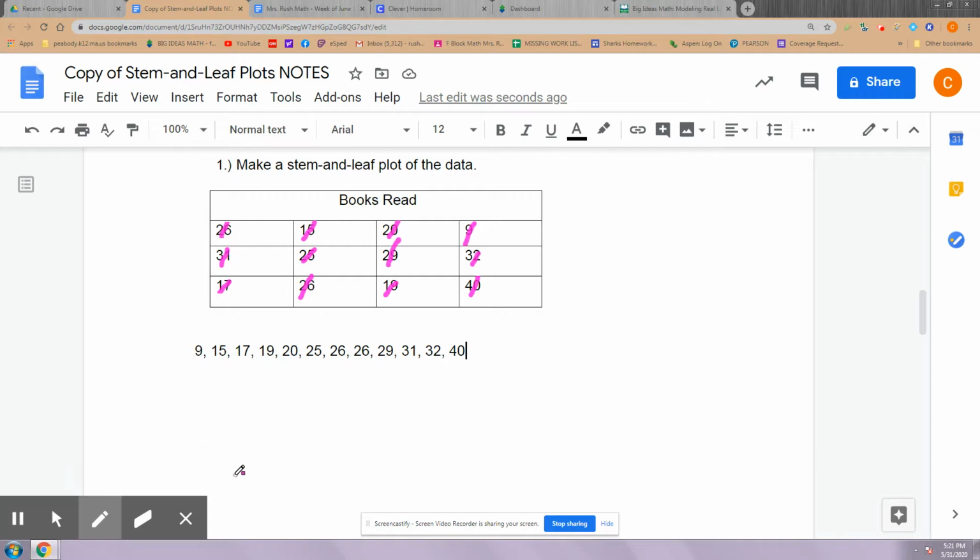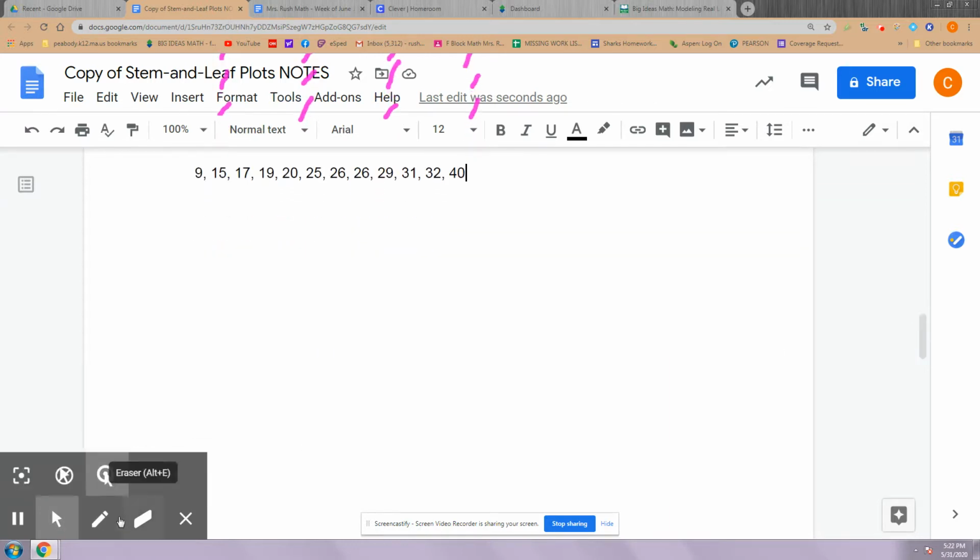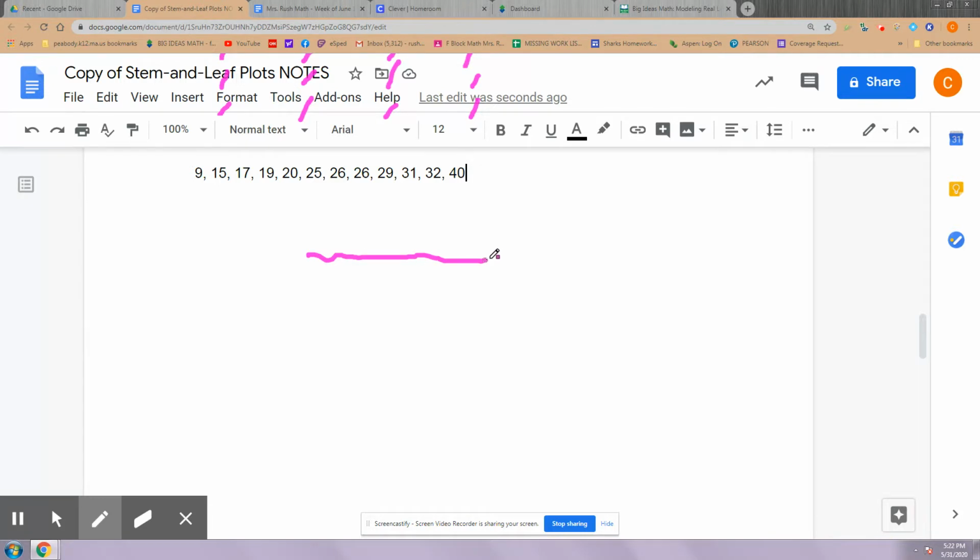That was step one. Step two, we are going to choose the stems and the leaves and make our little stem and leaf plot. Okay, so this is how you do this. I'm just going to move it down a little bit for you to see. We're going to draw a little T-chart like this. Don't mind my squiggly lines, I'm sorry.